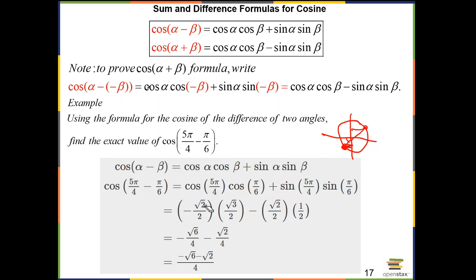And you combine these, you multiply, you get square root of 6 over 4 minus the square root of 2 over 4. And then we have the same denominator. So this is the exact value of that, right? And that's how we use that identity.